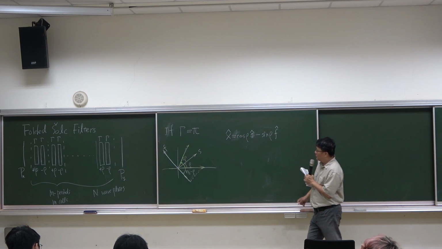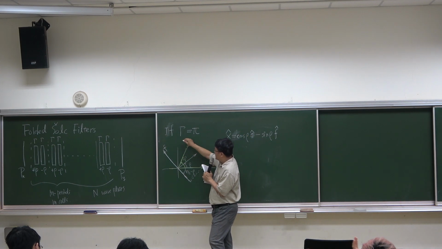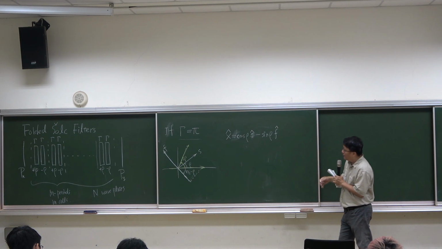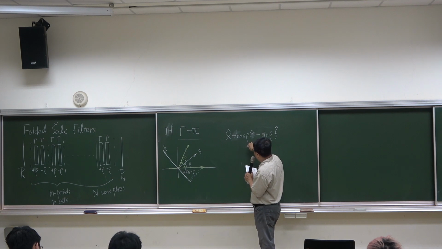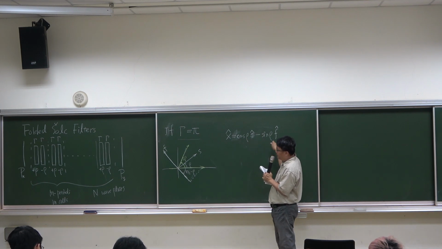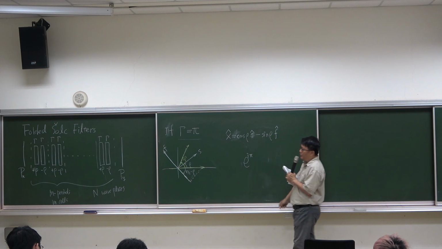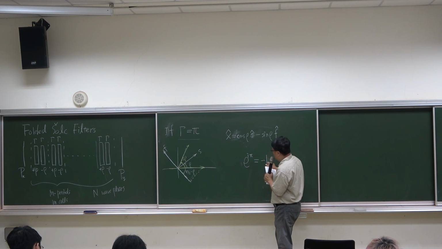So after penetration through this gamma equal to pi wave plate, the half wave plate, the relative phase between these two components is exponential i pi, which is equal to -1.